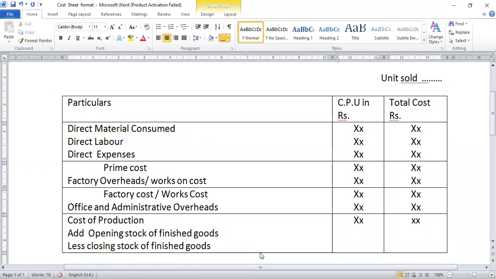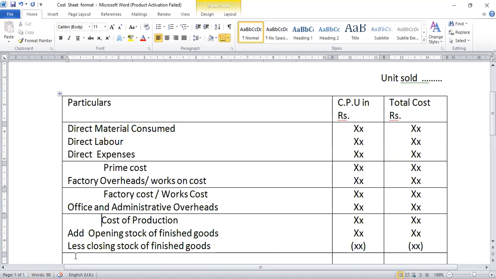So add means simply we have to write like this, and less we have to write in the bracket, okay, per unit also and total also. So add means simply you have to write, and for less you have to write in the bracket. So after adding opening stock of finished goods and less closing stock of finished goods, we will get cost of finished goods sold.